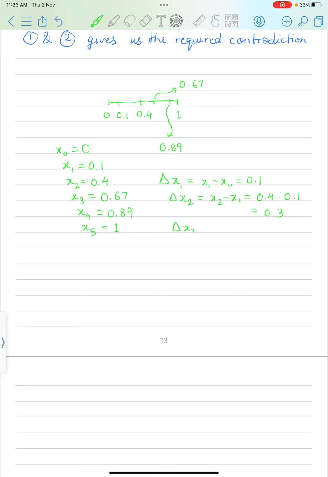Delta x3 is 0.67 minus 0.4, which is 0.27.